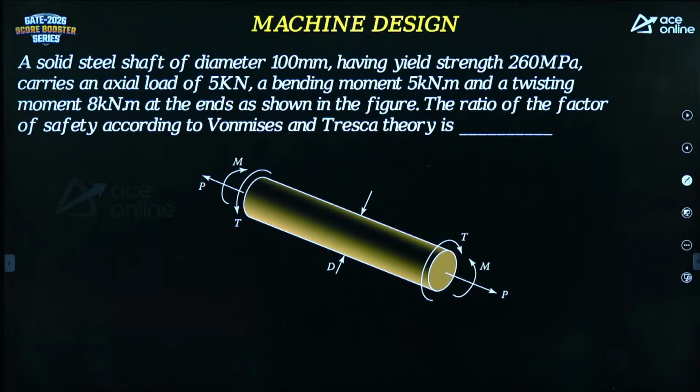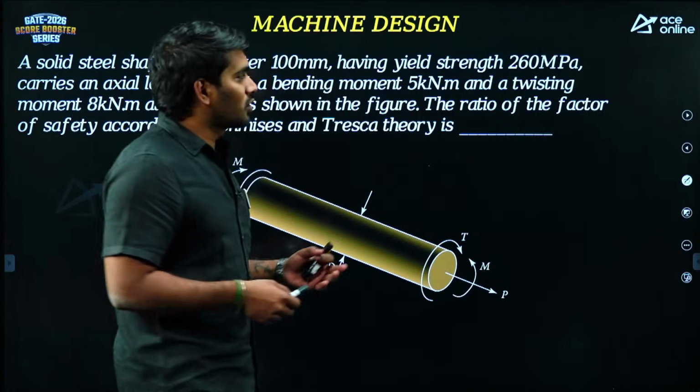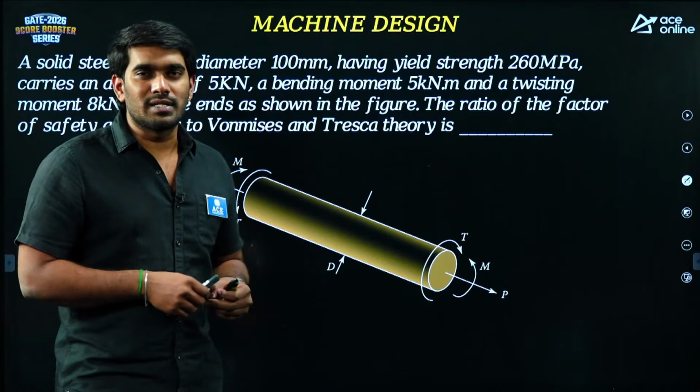In the figure we can notice that there is axial load P, bending moment M, and twisting moment T. The ratio of factor of safety according to von Mises and Tresca theory is what we need to identify.